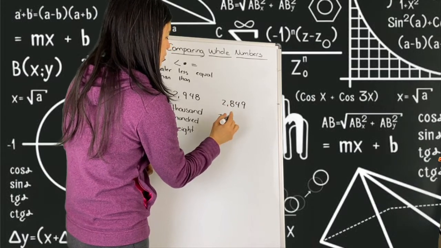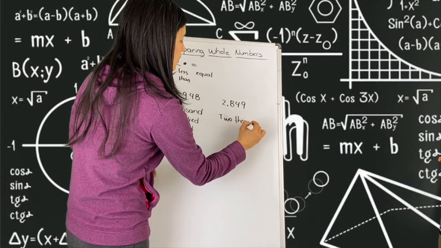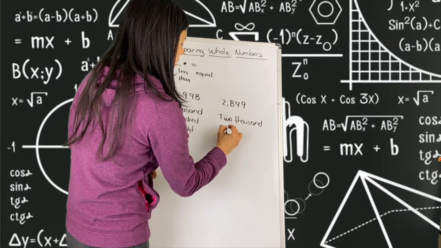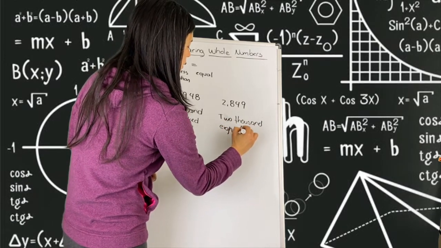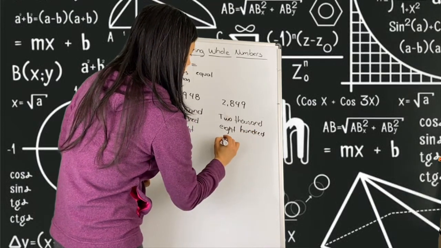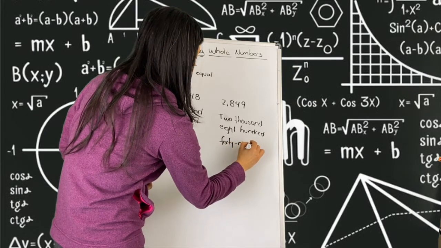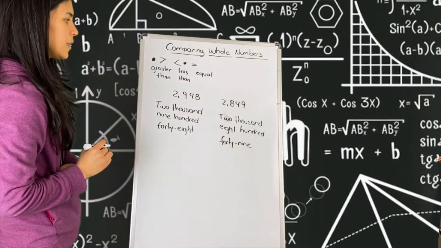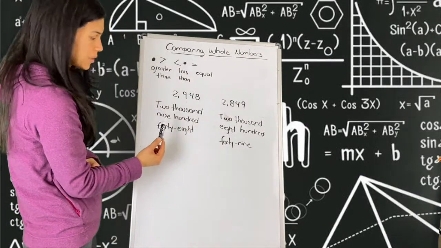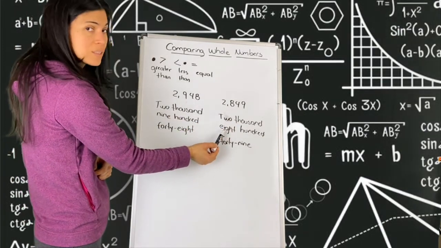Oops, I meant to write 2,849. So when I see these numbers, both are 2,000, but this has 900, while this has only 800.